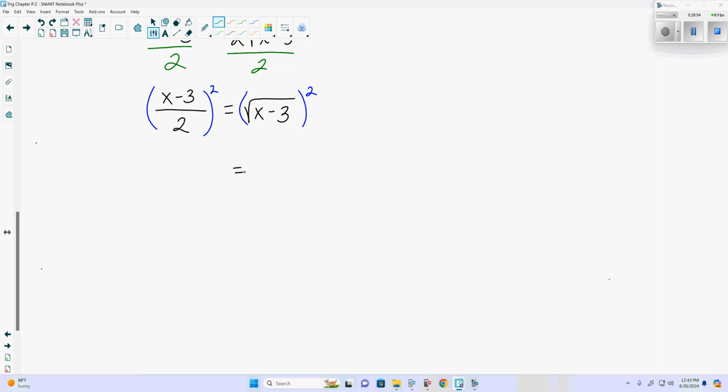Well, single term that's being squared, so the square root and square would cancel, leaving us with x minus 3. The other side, x minus 3 over 2 squared. Well, it means we're multiplying this by itself.